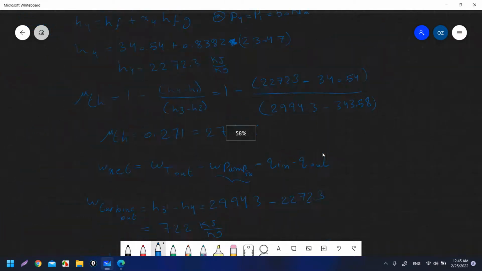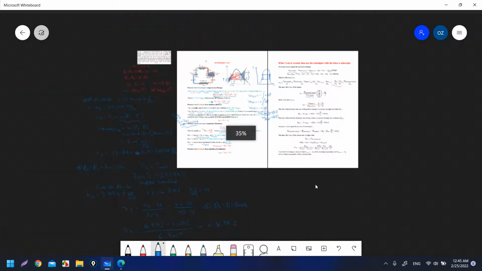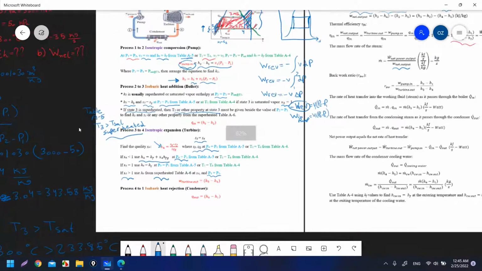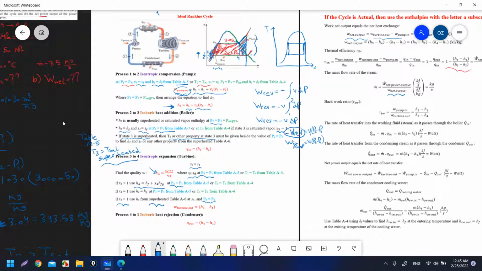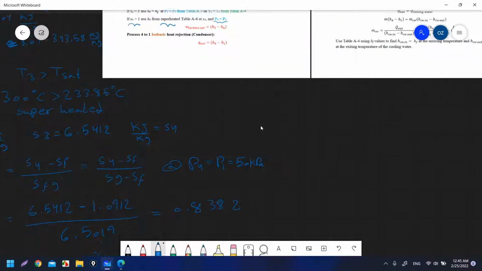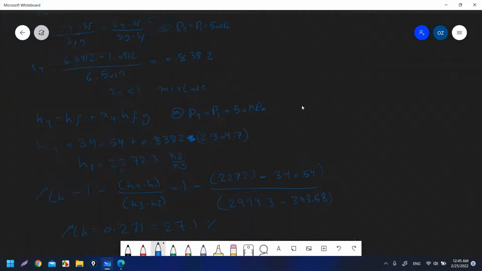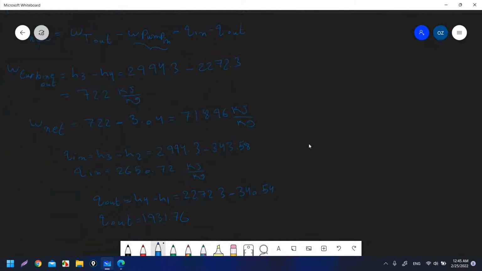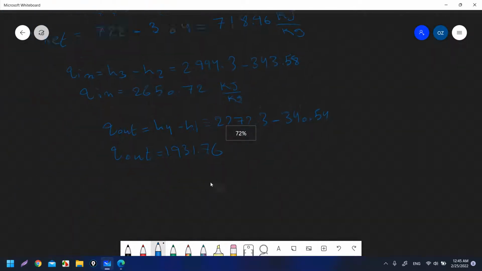Qn, look from where to where? From here, from 2 to 3, all this region. So it is the highest number, and this will give you an indication if your solution is right or not.